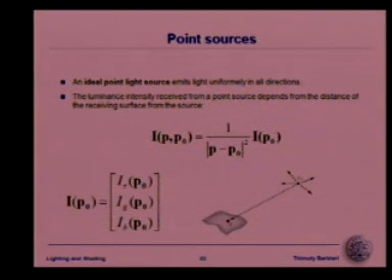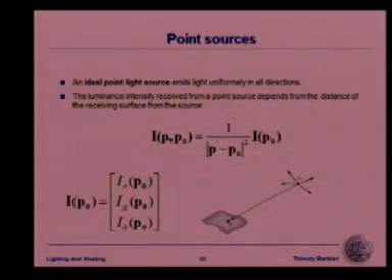Okay, that's for ambient light sources. But then, when you consider locally working light sources, the first question you have to ask yourself is, which kind of light source is this? This is one of the possible kinds, which is a point source.